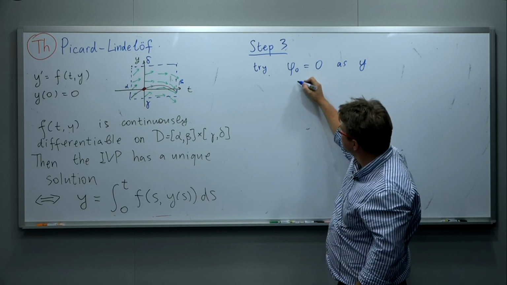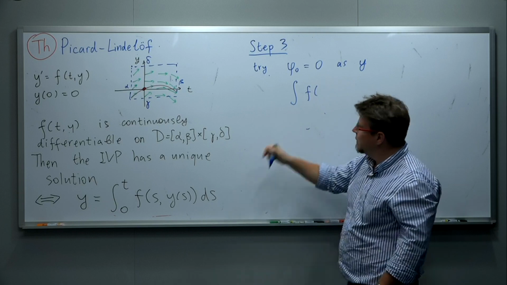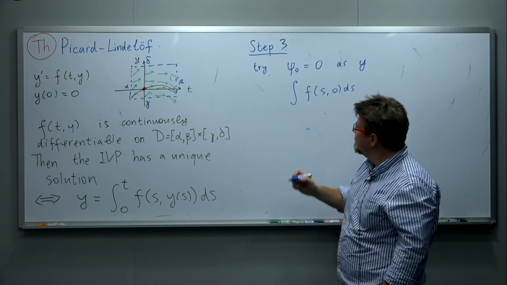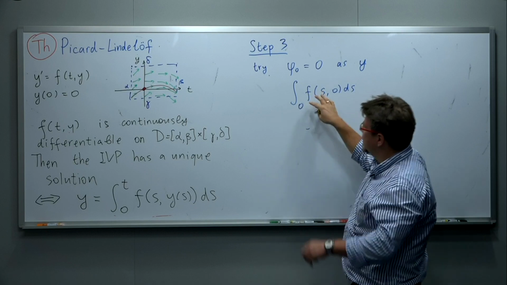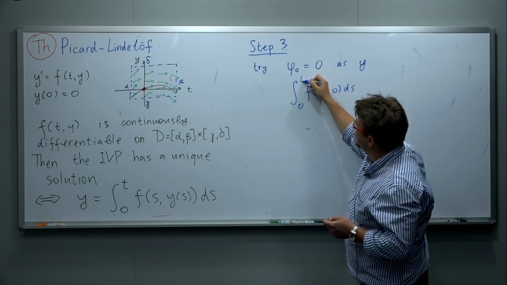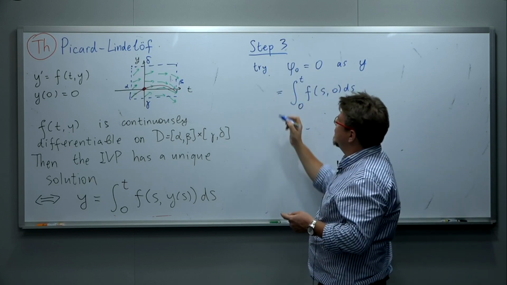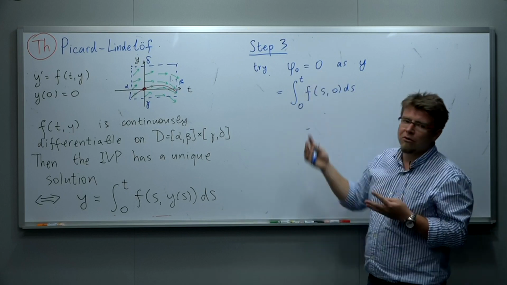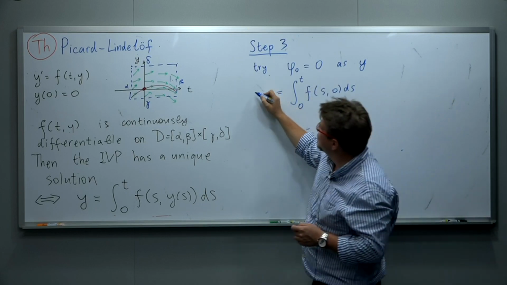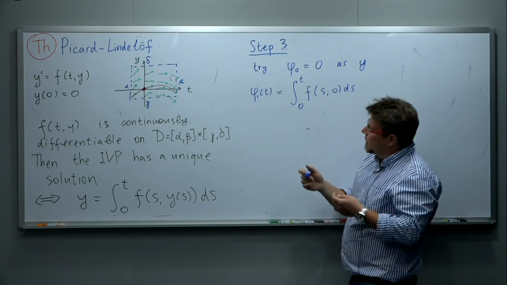So when we substitute this into the right hand side, we get f of s and 0 ds. Then we integrate this, which is some expression in terms of s, from 0 to t. Then we get some expression in t. And of course, it's not going to be 0, otherwise it would be too good. So this is going to be some phi 1 of t. But then we're going to continue.